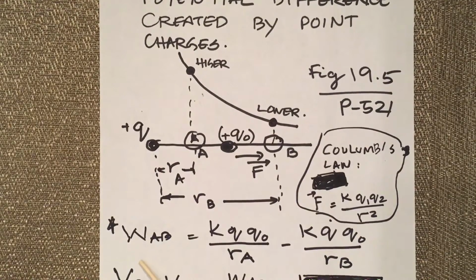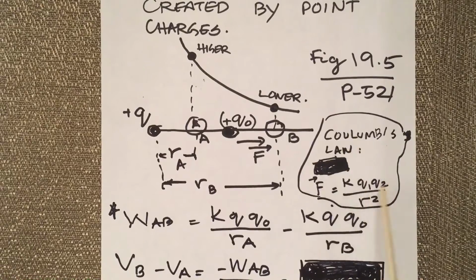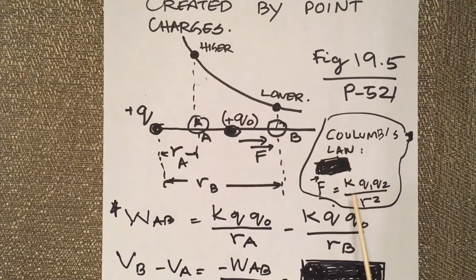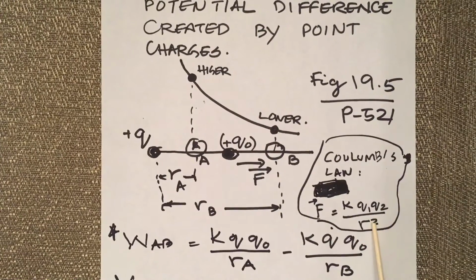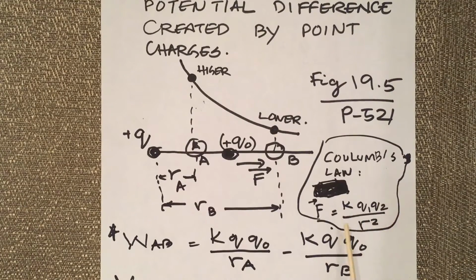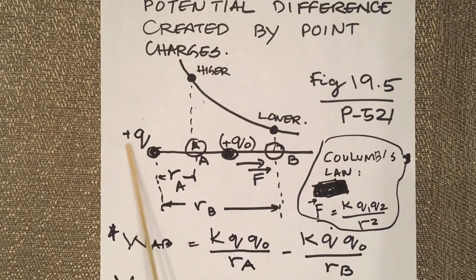So work done, again, we'll calculate from Coulomb's law. Coulomb's law says that F equals K times Q1 Q2 over R squared. So this is your force, remind you. So force times R will give you the work done. So when you multiply K Q1 Q2 divided by R squared times R, it becomes K Q1 Q2 over R. That's what I wrote here: K Q Q0 over R_A, because we have Q and Q0 here, okay?